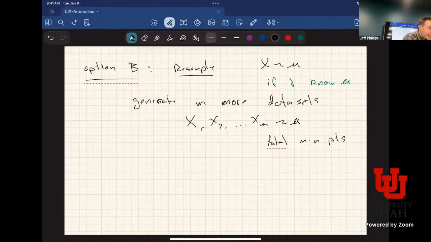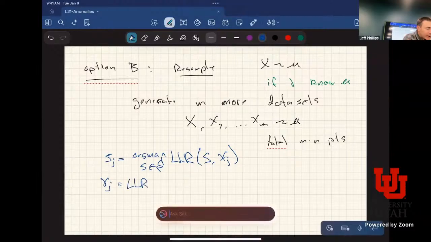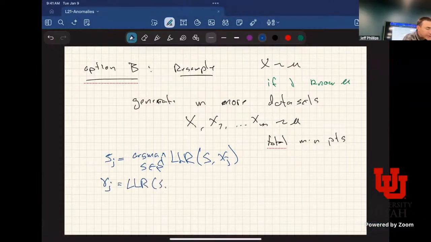Okay. Now I'm going to run my algorithm. I'm going to get an Sj, the arg max over S in my model set of the log likelihood ratio of S of Xj, and I'm going to get a score, the log likelihood ratio of Sj of Xj.